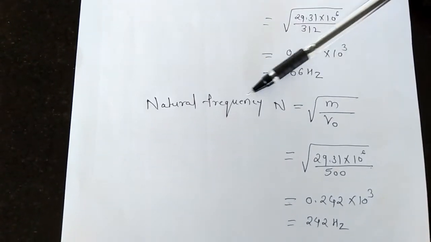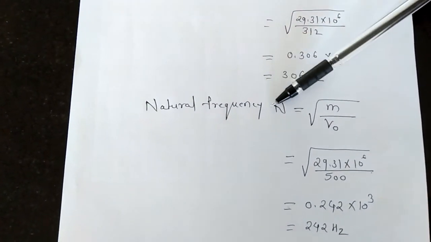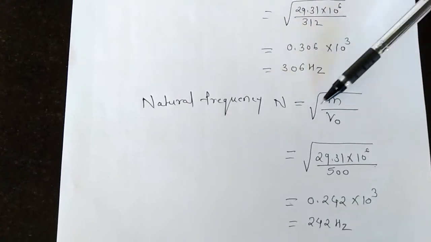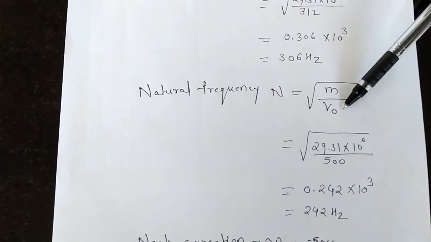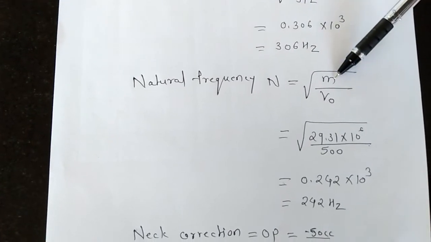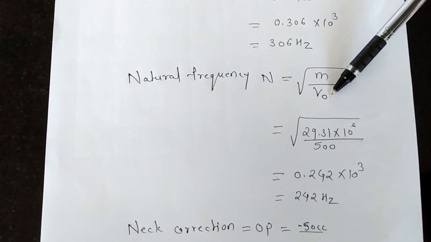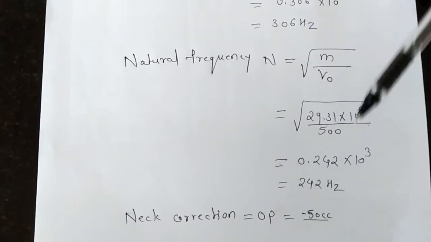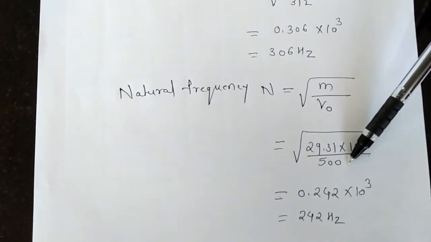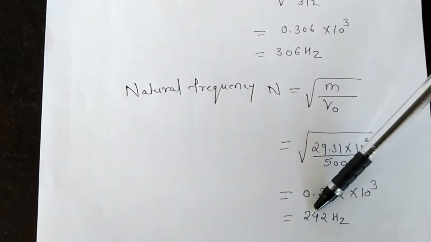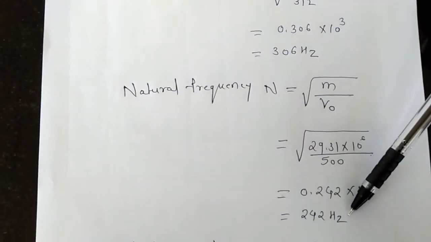From the graph also we can find the natural frequency, that is n is equals to root of m upon v0. So when we substitute the slope, and v0 is nothing but the full capacity of the resonator, that is 500 cc, we are getting it as 242 Hertz.